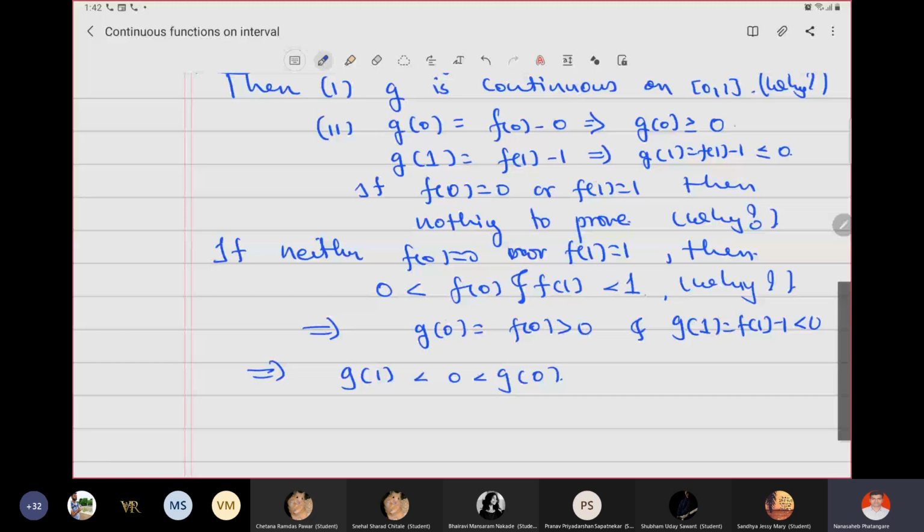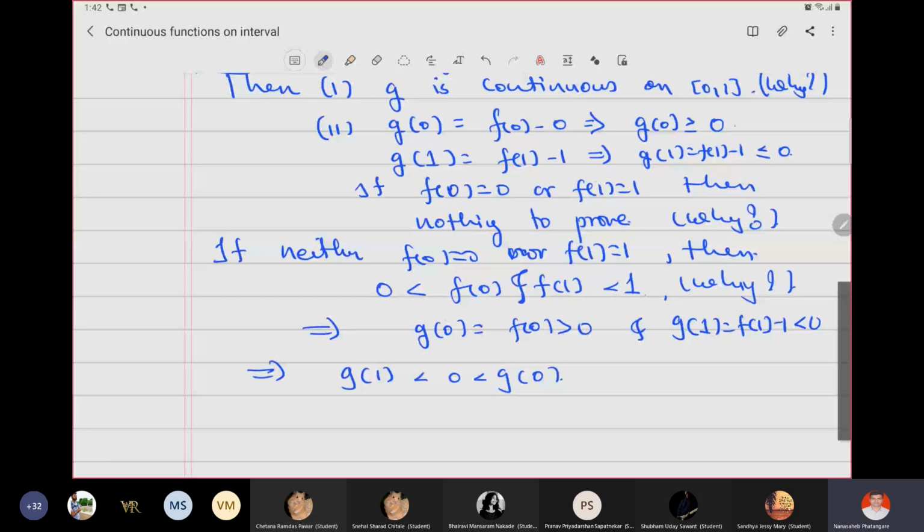There exists a c, by the location of root theorem. g has a root between 0 and 1. There exists c between 0 and 1 such that g of c is equal to 0.